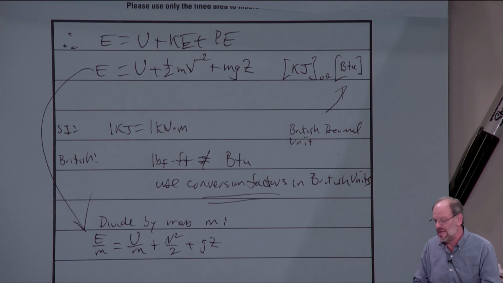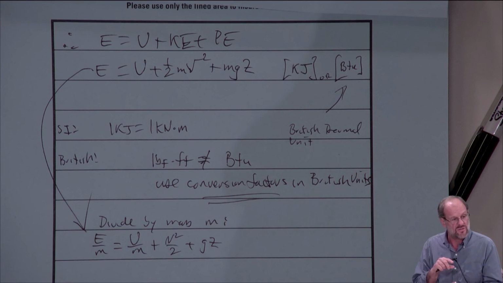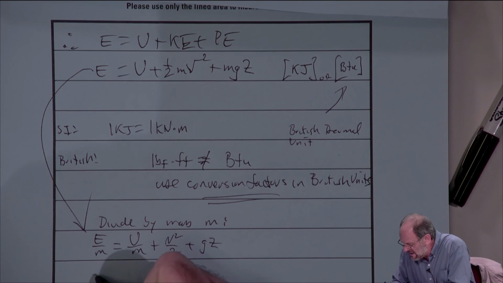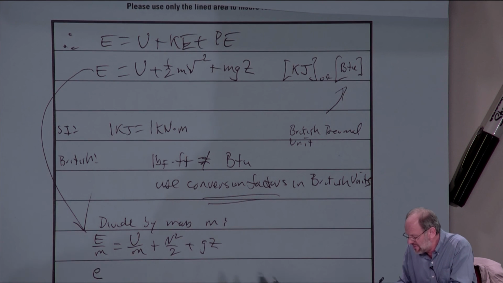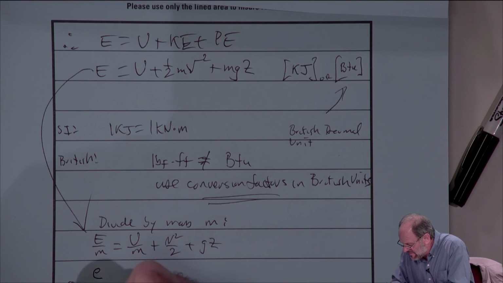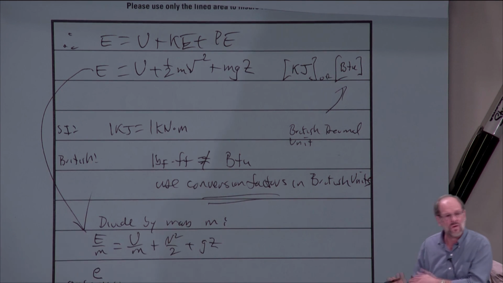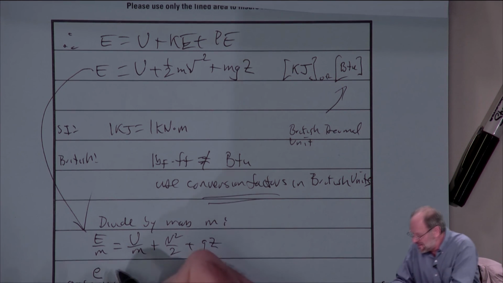So capital letter E is the total energy. E over m would now be what we call the specific energy, and it would be listed by using its lowercase rather than its uppercase. So E over m is the same thing as lowercase letter e. We'll just call this the specific energy, or if you will, energy per unit mass. It means the same thing.